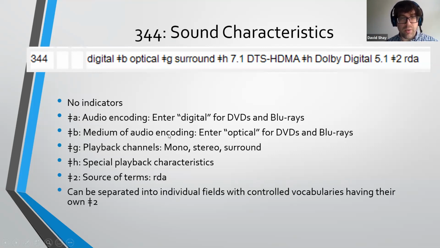Your subfield B is your audio medium of encoding, which is optical because it's being read by a laser. Subfield G are playback channels, so mono, stereo, or surround. And then our subfield H, special playback characteristics, which will be described on the object.